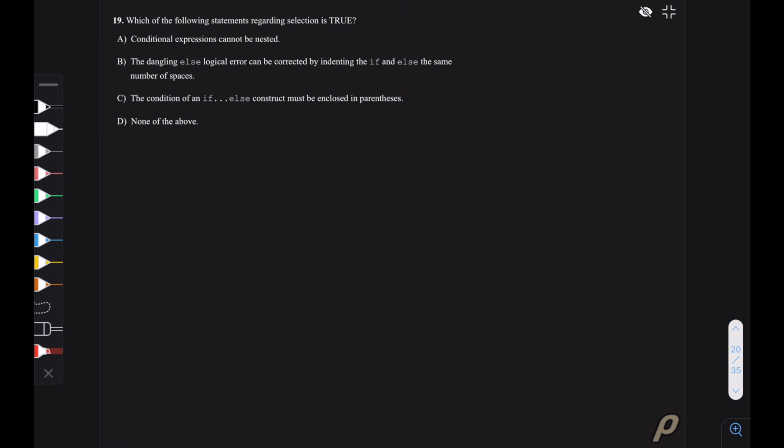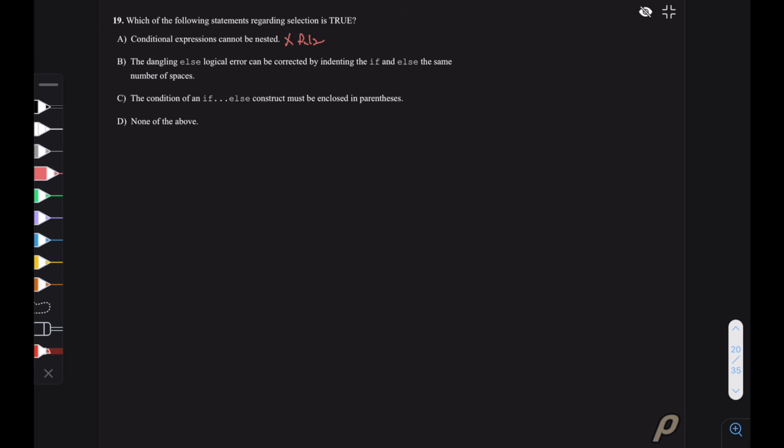All right, moving on now to question 19. Question 19 here is asking us, which of the following statements regarding selection is true? If you remember selection, that's like if else, that's case switch or switch case. So which of these is true? The first one is conditional expressions cannot be nested. This is false.